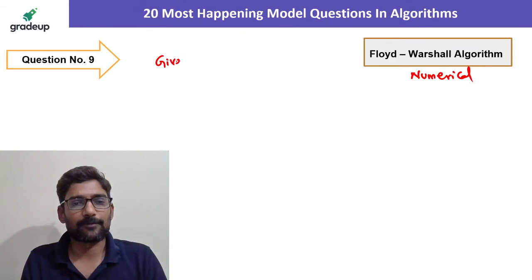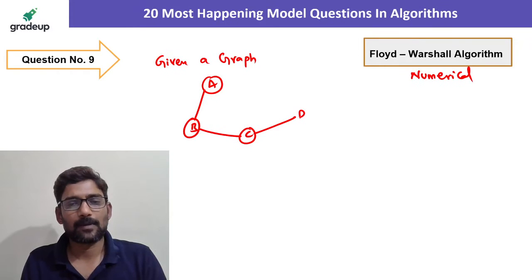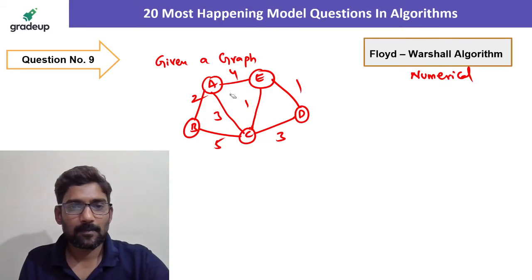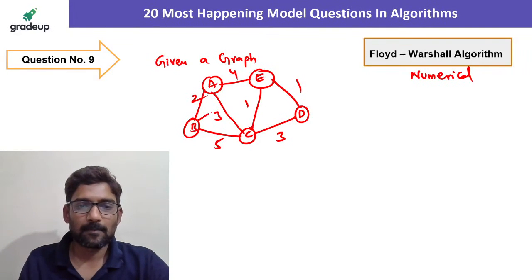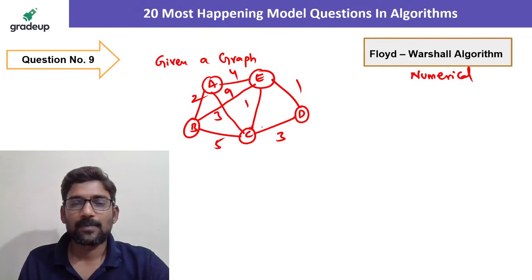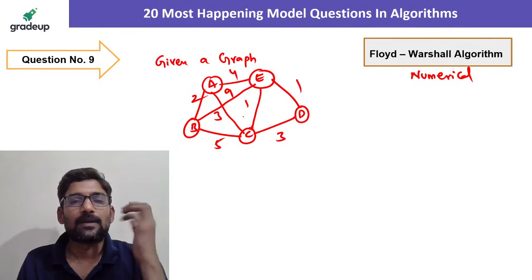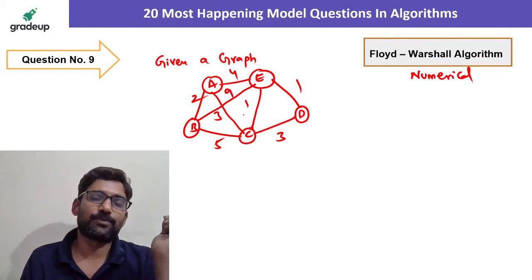Suppose you are given a graph, some A, B, C, D, E. Something like this, you have got a graph and you know the Floyd-Warshall algorithm procedure.